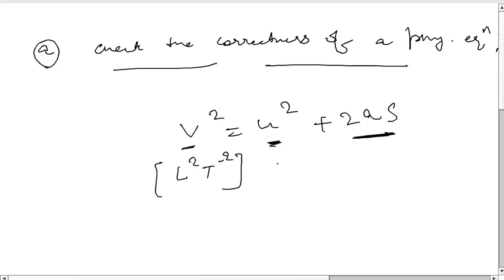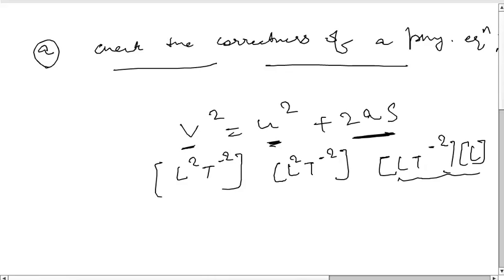Similarly, this is also velocity square, though it is initial velocity, but it doesn't make a difference in the dimension. So this will be L to the power 2 t to the power minus 2. Now this one, acceleration into displacement. Acceleration is L t to the power minus 2, and the dimension of displacement is again L. So this will become L to the power 2 t to the power minus 2. So this is the first application, to check the correctness of a physical equation.